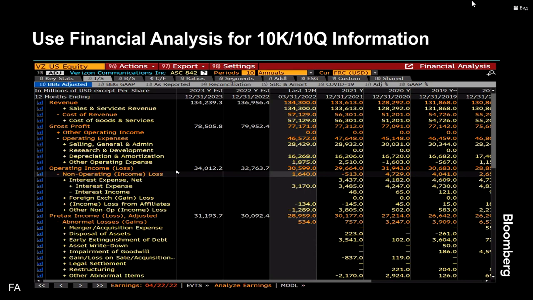We can also view this historically, so we can see some trends for a specific company within their revenue or other different metrics, as well as some future estimates. Like on this screen, I could see we have 2023 year estimates for some of the metrics here. And this way you can just further dive into a specific company in order to get a better understanding of where it is headed.